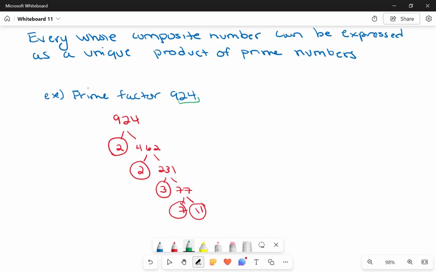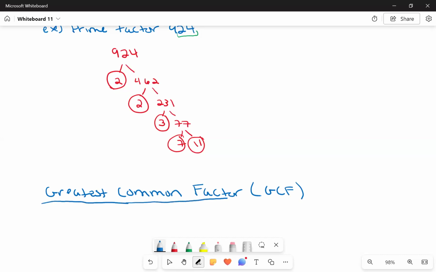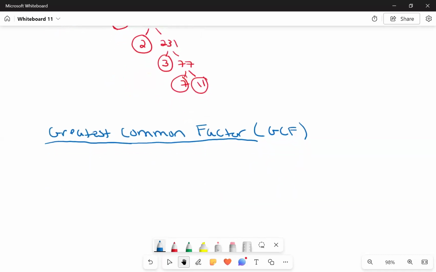All right. So let's go ahead and finally talk about greatest common factor. So now we're ready to actually talk about it. The greatest common factor, also known as GCF. So a common factor in general would be a factor that 2 different numbers have in common, right?